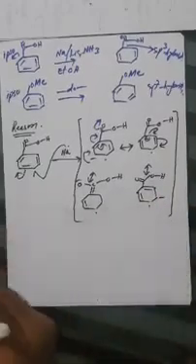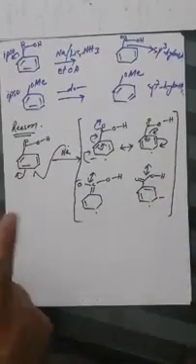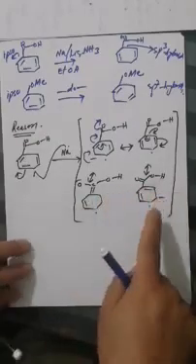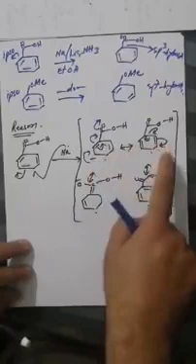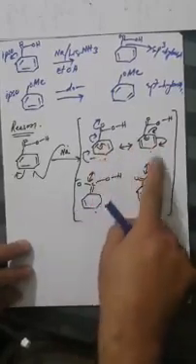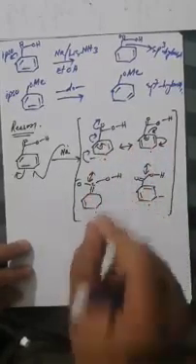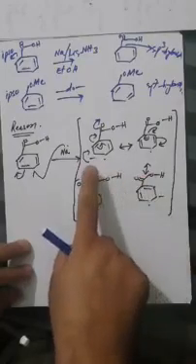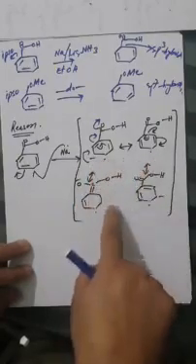We need to discuss these resonating structures a lot. Here you can see, which resonating structure among these four is the most stable? Either this or this.